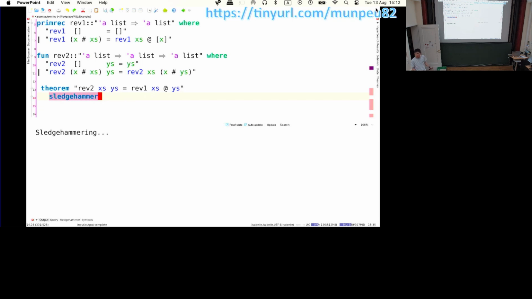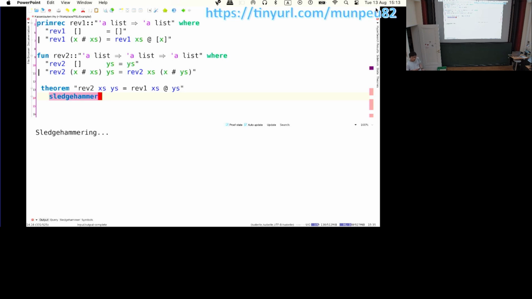So yeah, some people haven't heard about Sledgehammer, so I'm going to explain it a bit. Sledgehammer is a powerful tool which goes beyond tactic level. It takes proof obligations in higher order logic and translates them into less expressive logics, and it exploits external provers like Vampire, SPASS, and the E prover to find proofs for the proof obligations in higher order logic originally.